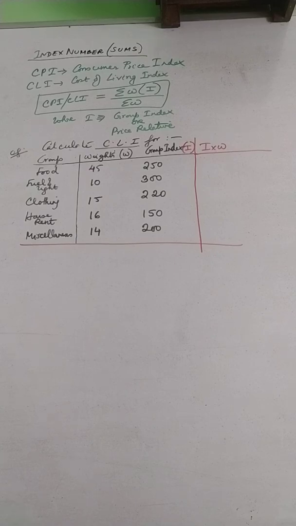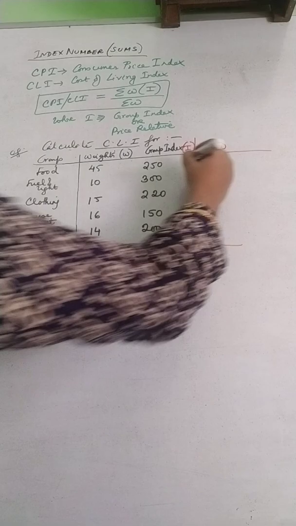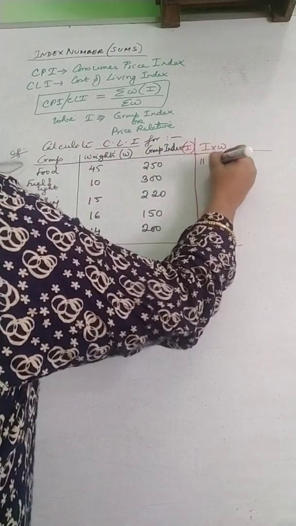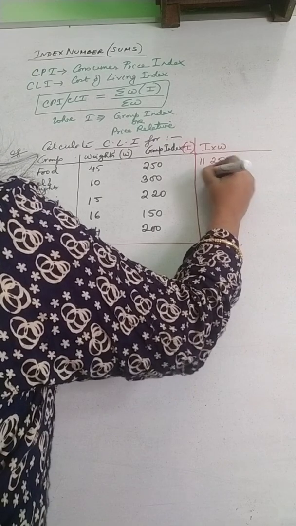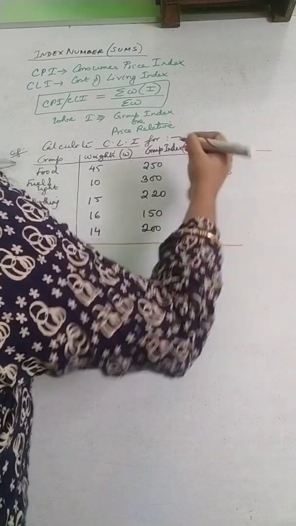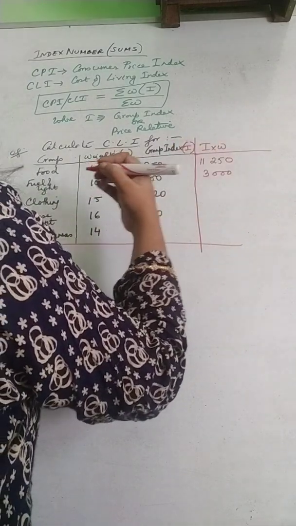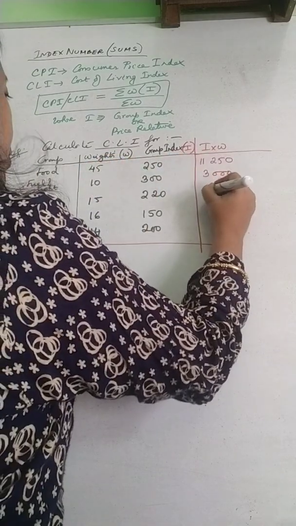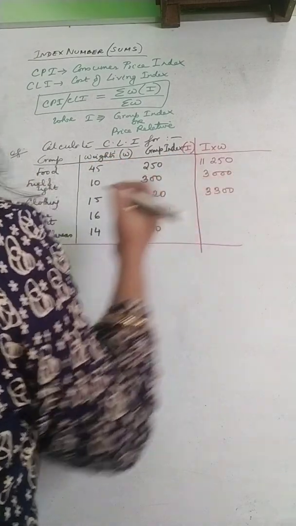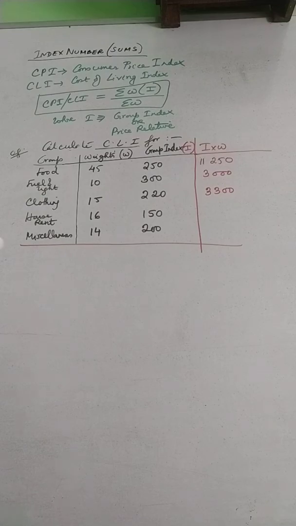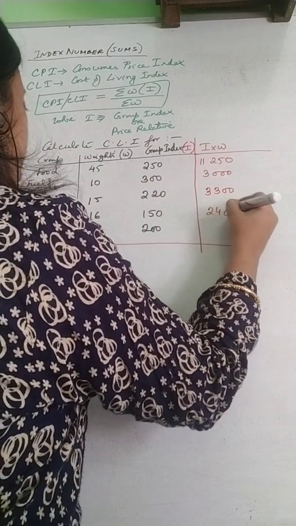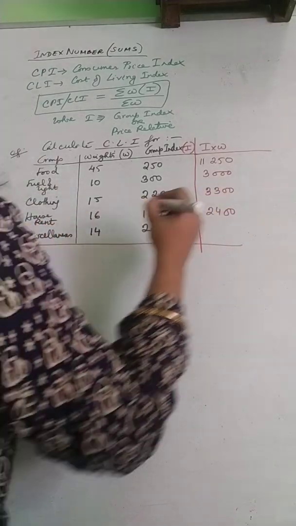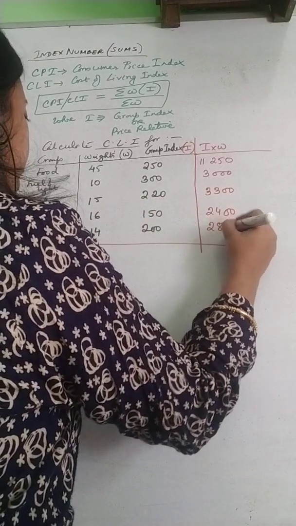How much does it give you? 11,250. 10 into 300 is 3,000. 220 into 15 is going to be 3,300. Then 150 into 16 will be 2,400, and this will be 28, so it's 2,800.